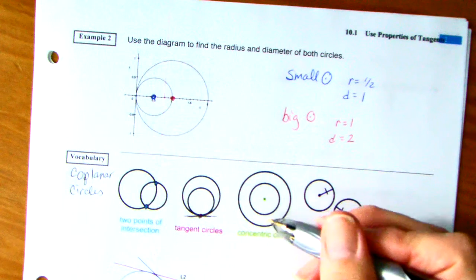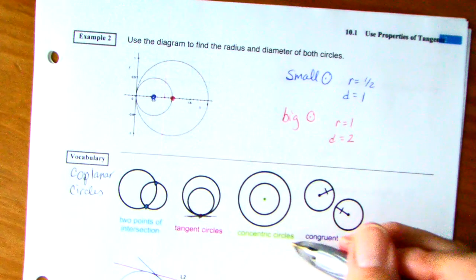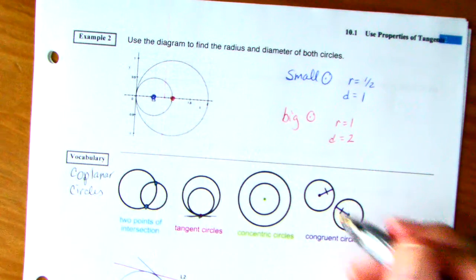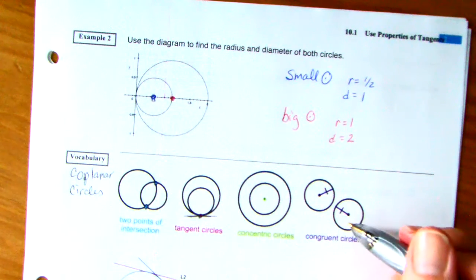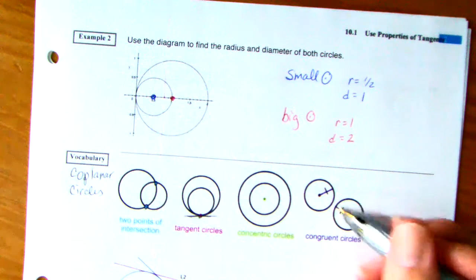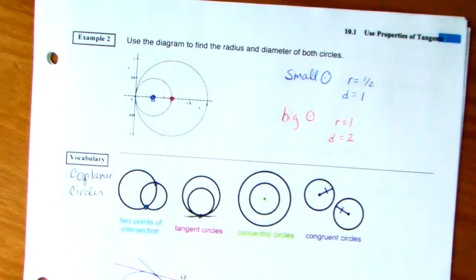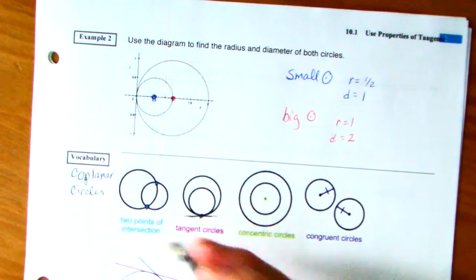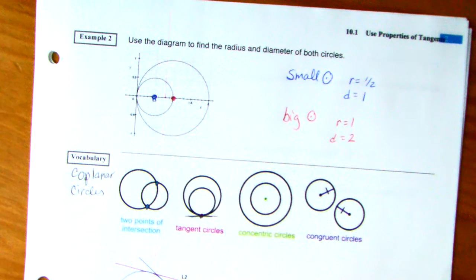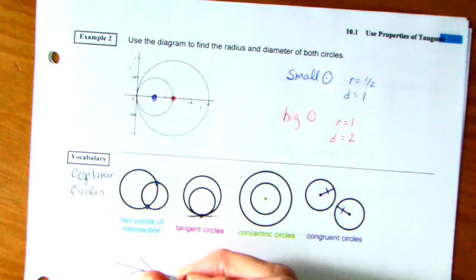If they have the same center, they're concentric circles. And here there are 2 different circles, but they are congruent because the radius is the same length here and here. So check this out. Lines L, L1 and L2 have common tangents. So these are common tangents right there.